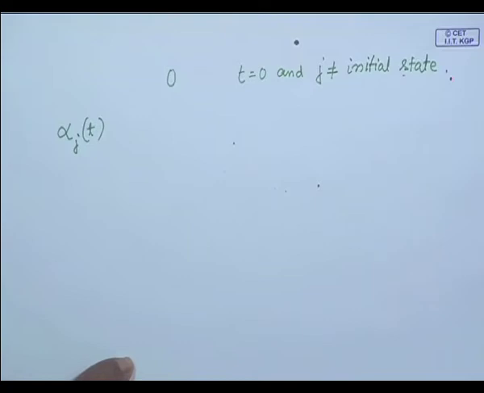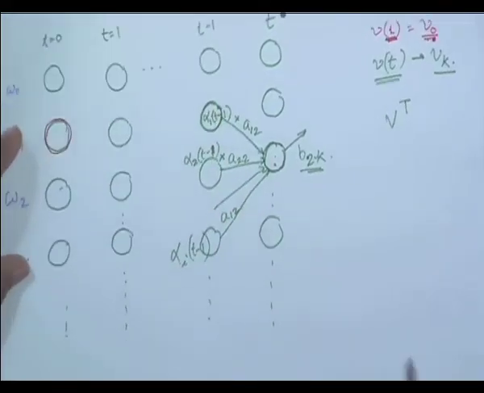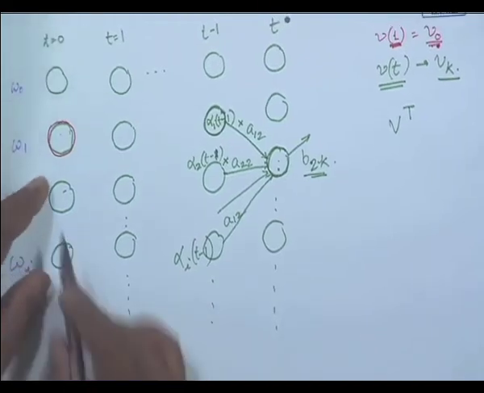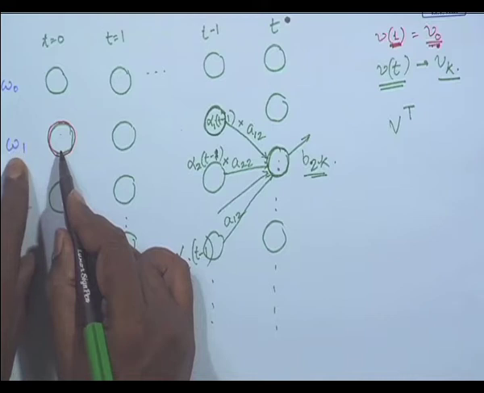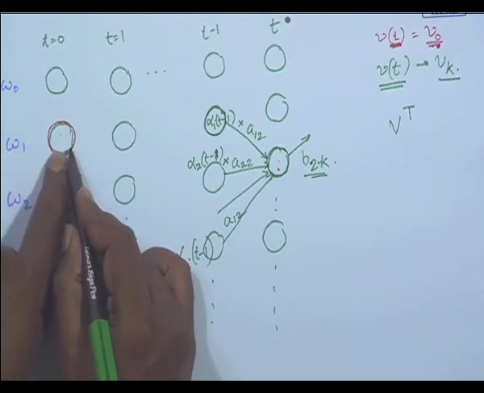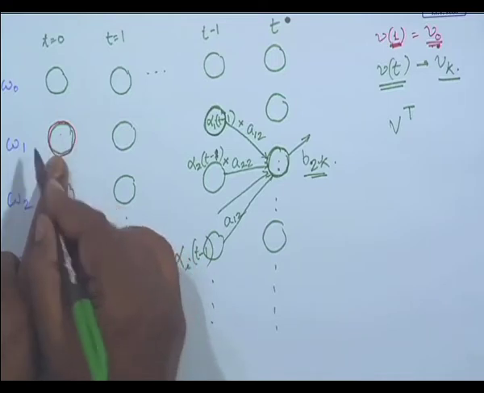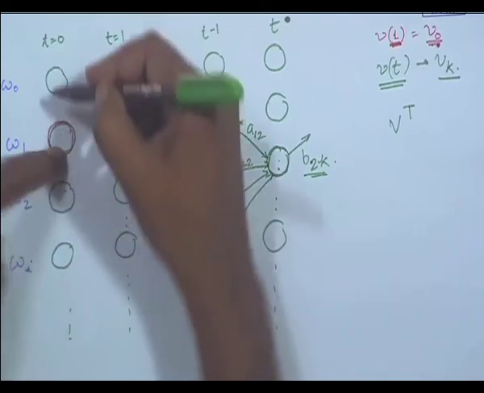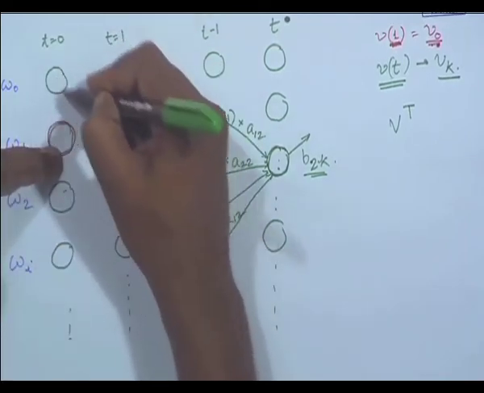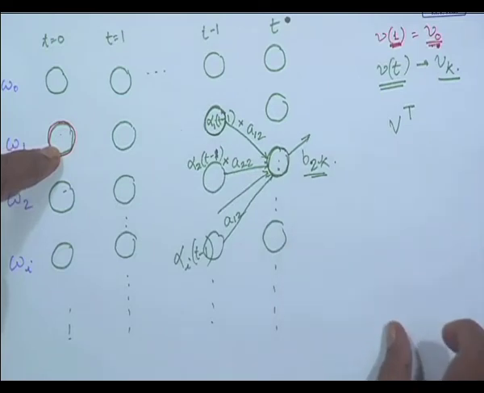T equal to 0 means we are talking about our initial condition as per this diagram. And if I know that the machine is initially in state omega 1, then the probability of omega 1 at time step t equal to 0 is 1, and the probability that the machine will be in any other state will be equal to 0.